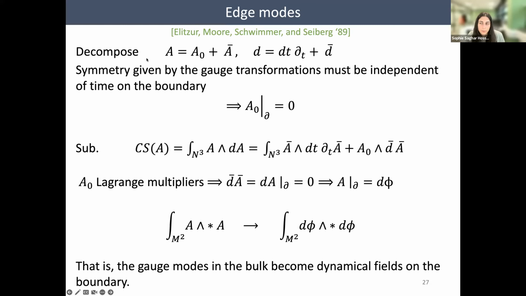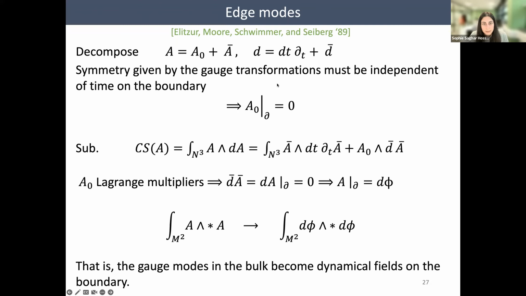To see how, what we can do is decompose our fields A and d into time and space components. Then we require that the symmetry of the theory given by the gauge transformation must be invariant at the boundary with regards to time, and that is imposing that A naught vanishes at the boundary.